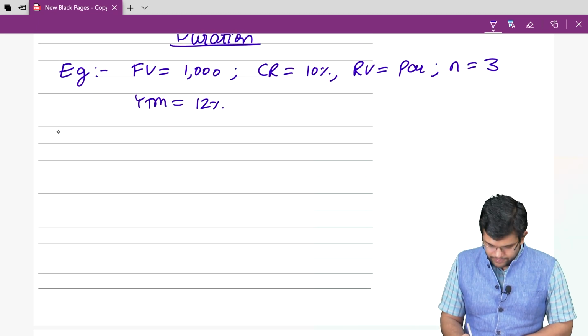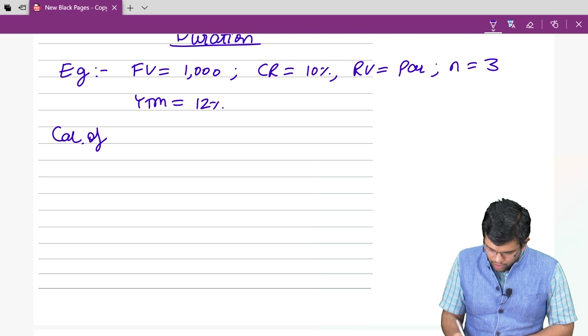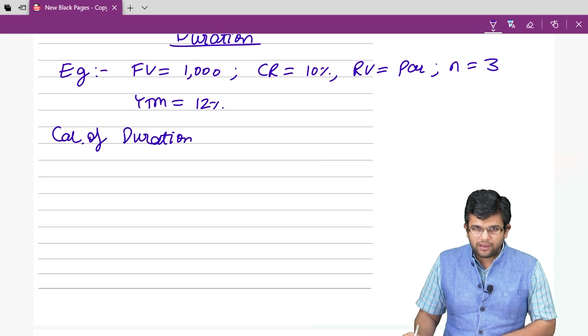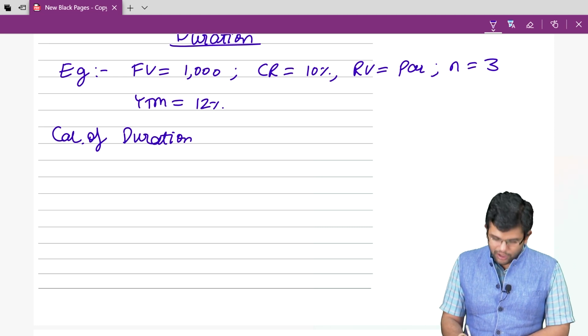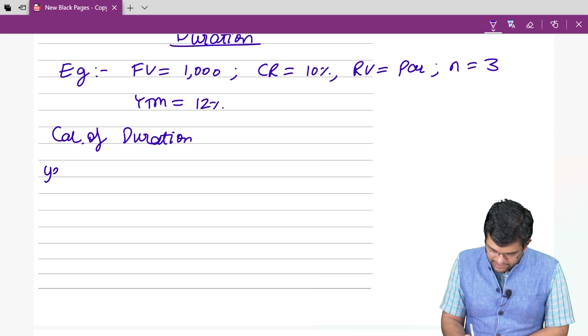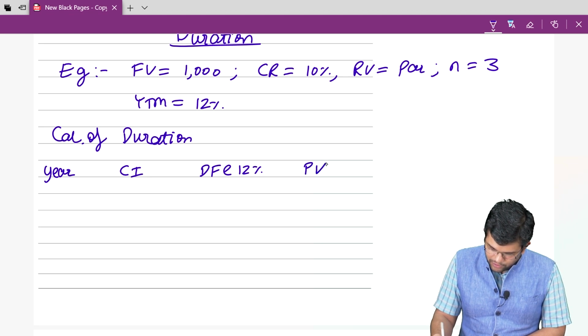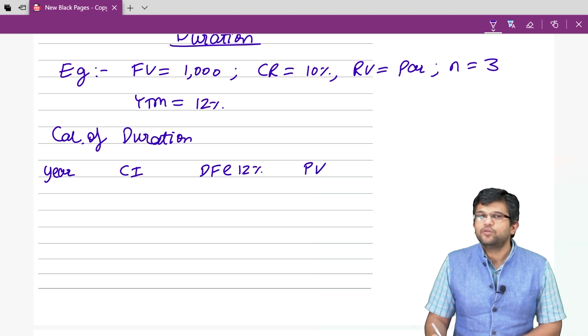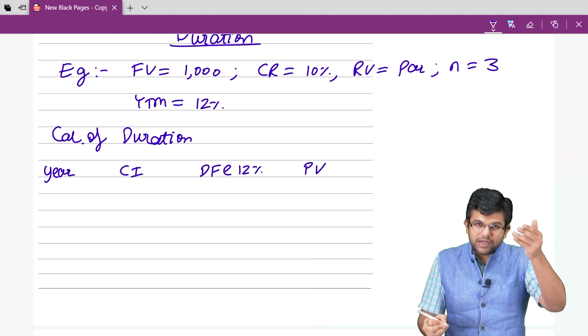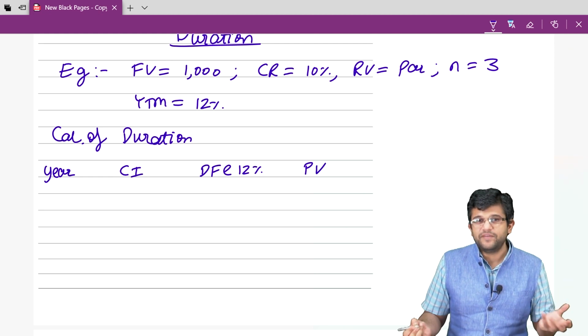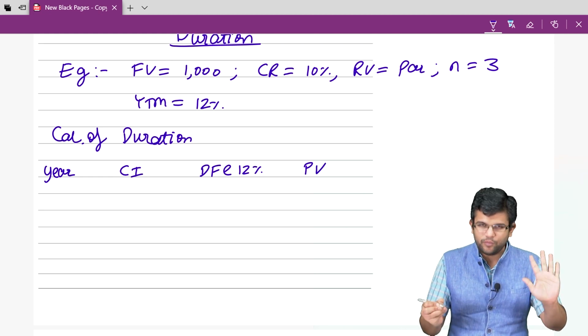If you remember, for the calculation of duration, children, we make a table in which the columns are as follows. There is year, there is cash inflow, there is the discounting factor at the rate of 12%, there is present value. Now children, if you discount the future cash flows at the rate YTM, the total of the present value is obviously the current market price of the bond. I hope you remember that.